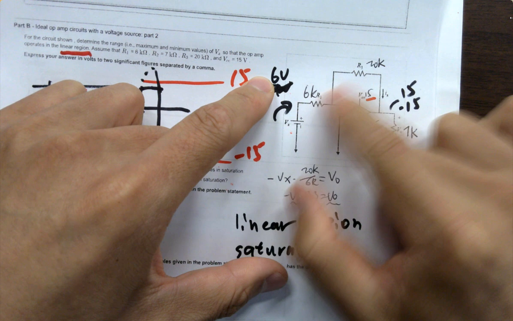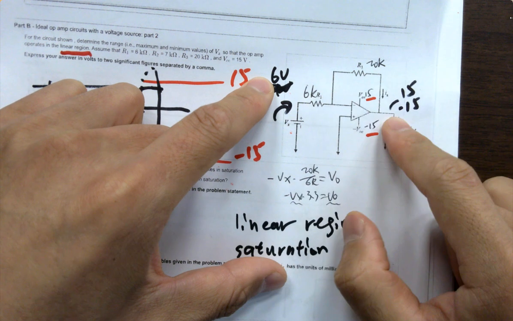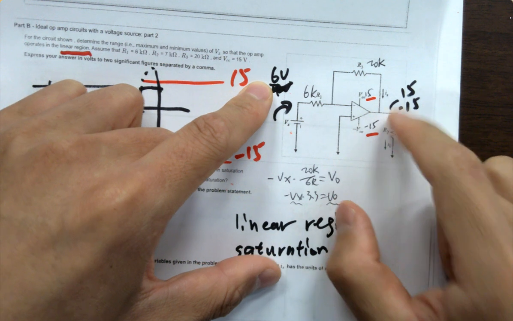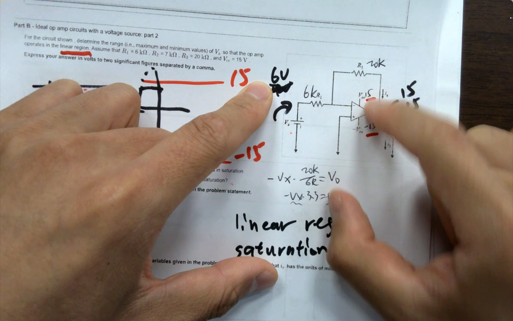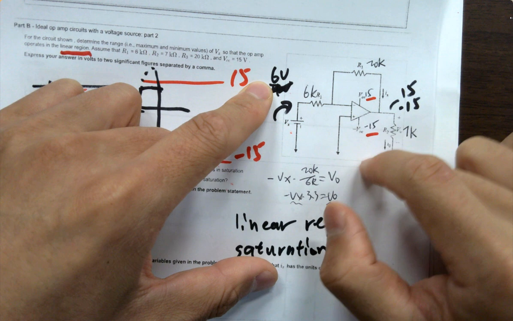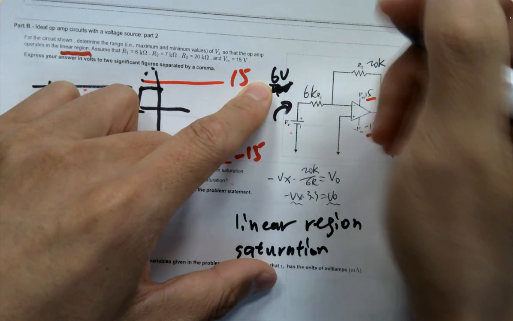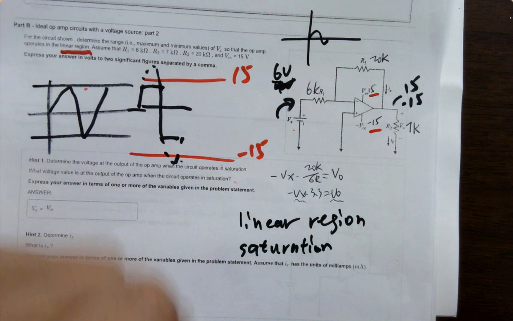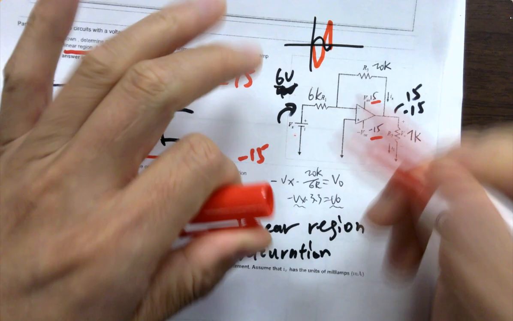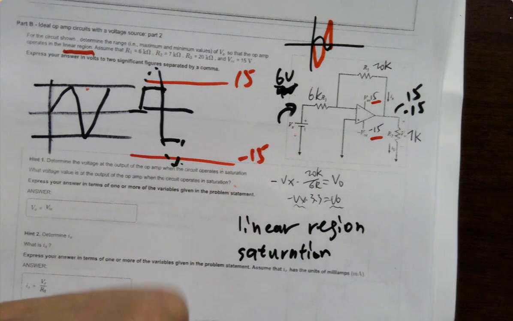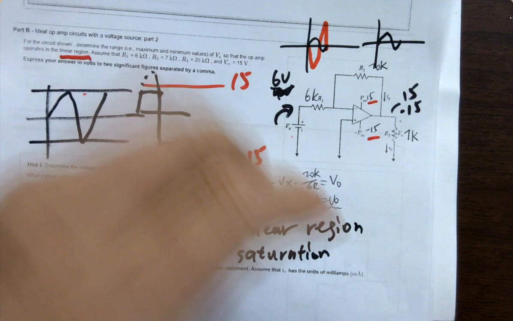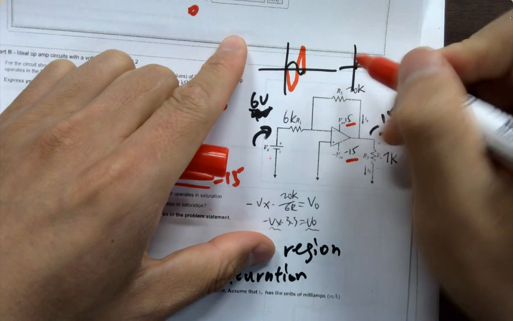3 point something gain, so VL will be what? At least 18 or above. But the maximum you can provide is 15 to minus 15, so it's going to saturate at 15. You're expecting an input signal and an output signal, however, the output won't reach that high.